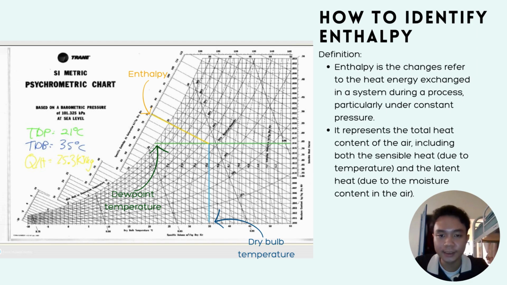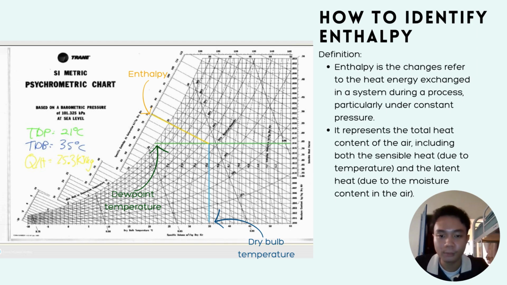As we can see on this psychrometric chart, we can define the value of the enthalpy using dew point temperature and the dry bulb temperature. When the dry bulb temperature is 35 degrees Celsius and the dew point temperature is 21 degrees Celsius, we can obtain the enthalpy value of 25.3 kilojoule per kilogram by the intersection point between the dry bulb temperature and the dew point temperature.